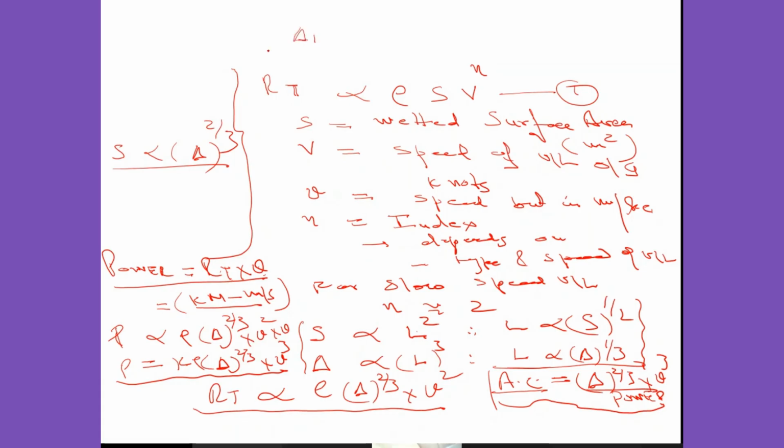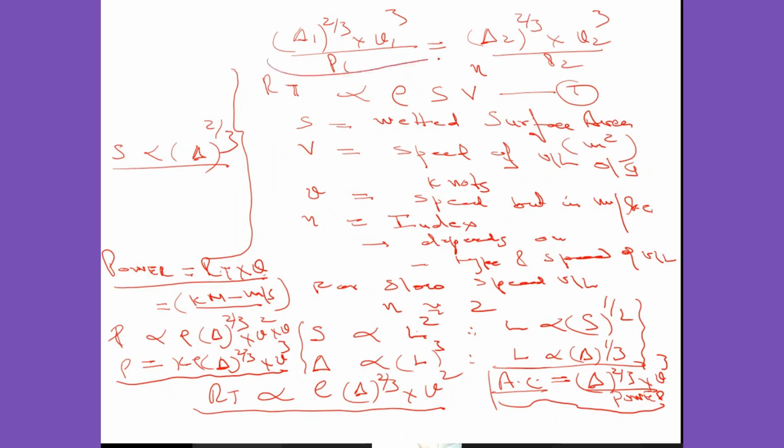Delta 1 raised to power 2 by 3 into V1 cube divided by P1 will be equal to delta 2 raised to power 2 by 3 into V2 cube divided by P2. This is the relationship which we got.